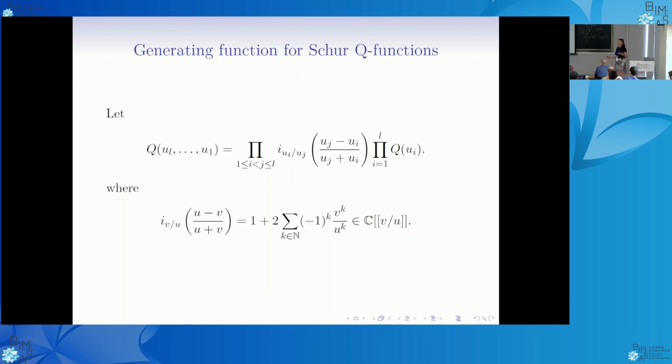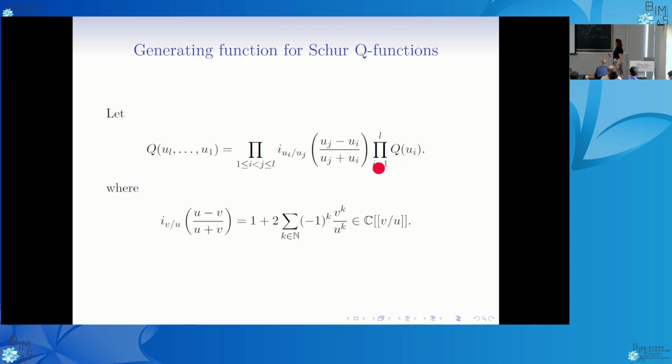And again, our story is to do everything in terms of formal distributions and generating functions. Now, instead of our formal distribution which was the generating function for Schur symmetric functions, which we denoted as S, we consider this one. Instead of the Wronskian, we have this kind of expression here, which is actually a collection of formal series which are expansions of a rational function in the appropriate region.